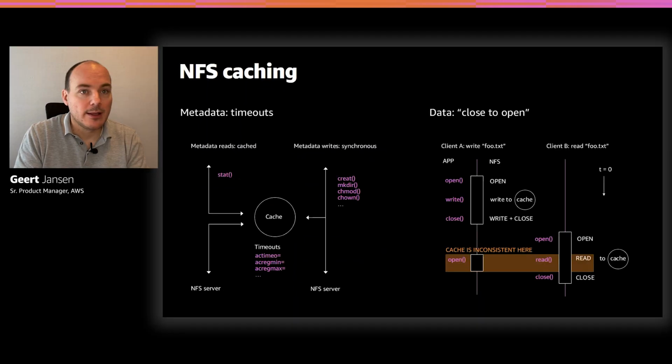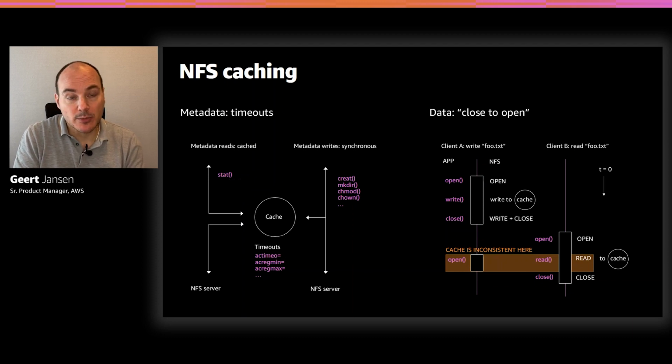There are two different types of data that are cached in EFS. There's metadata, so things like file attributes, file names, or file handles, and then data, which is just the payloads for reads and writes. For metadata, NFS takes a timeout-based approach.